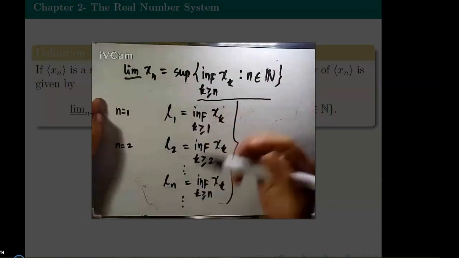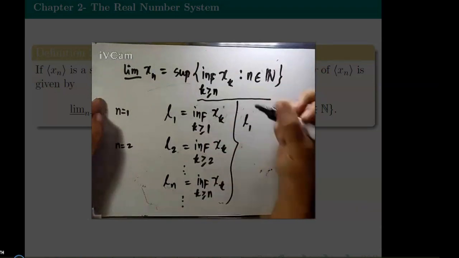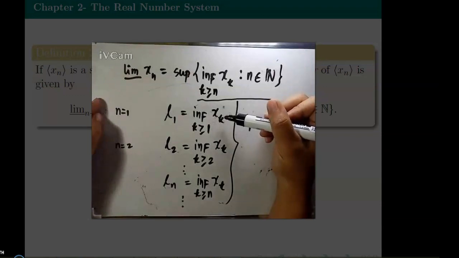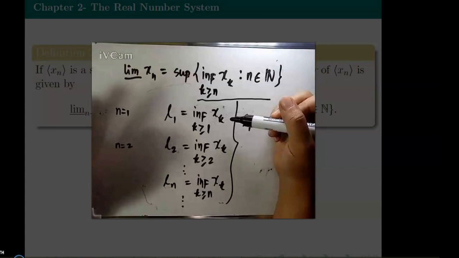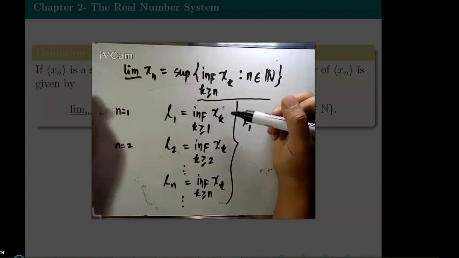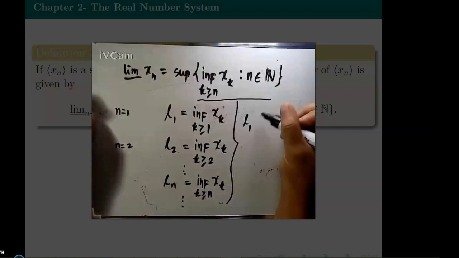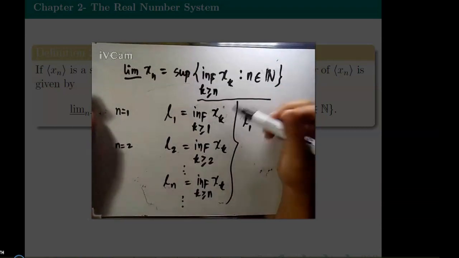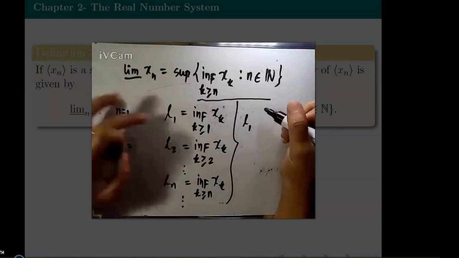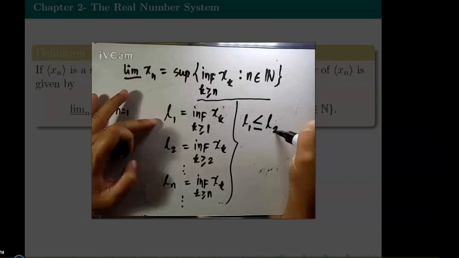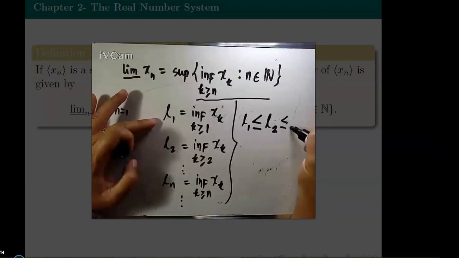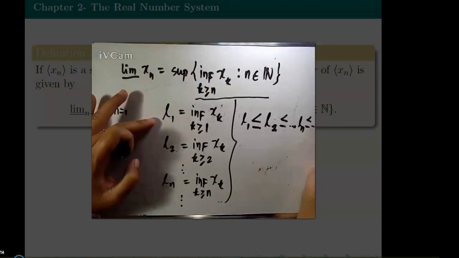Notice here, we have the sequence. We have L sub 1, because this is the infimum, we will get the smallest number, since the infimum is the greatest lower bound. Of course, this number is less than or equal to L sub 2, less than or equal to, and so on, L sub n, less than or equal to, and so on.